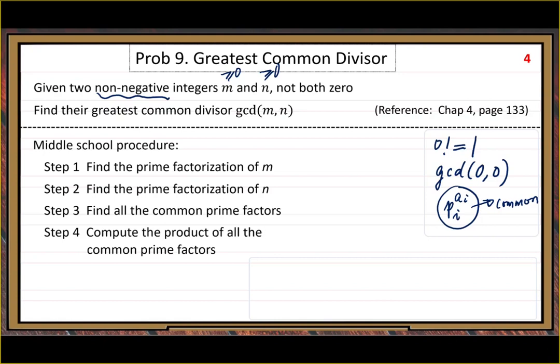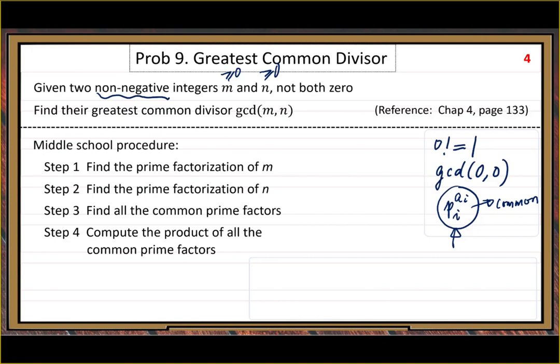The last step, compute the product of all these forms, because we have many such forms. You multiply all of them together, and that is the final number for your GCD.